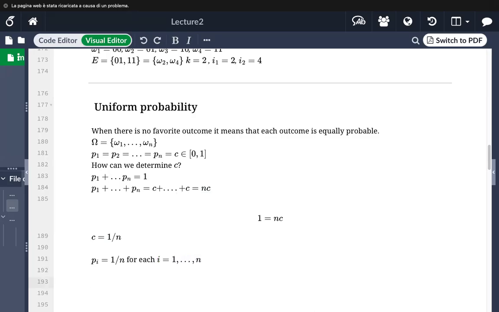We have made an example of this probability, which was the fair die, with n equal to 6.